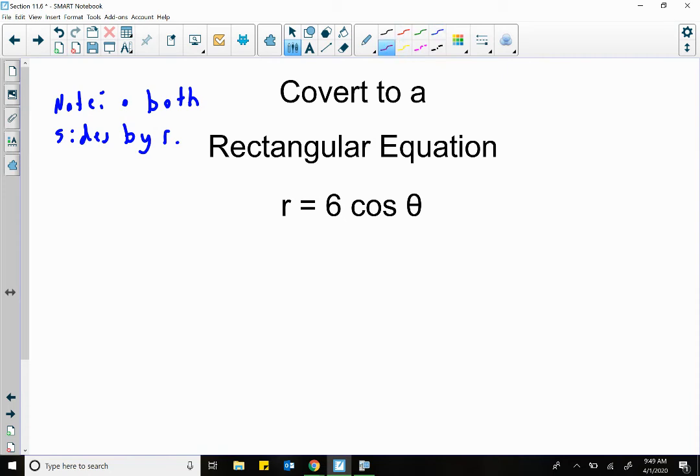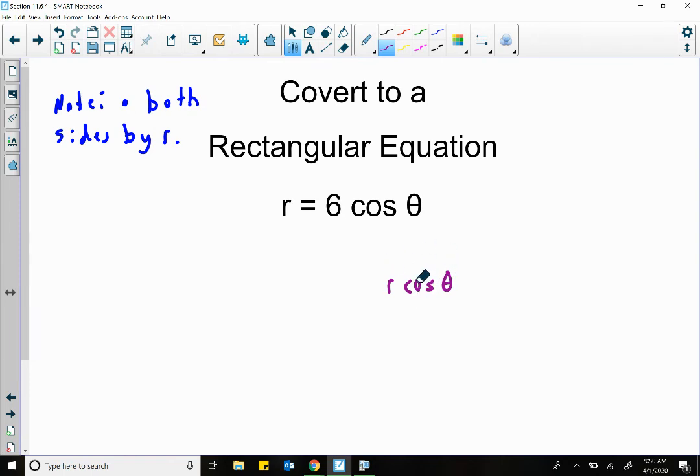Because right now, there's really nothing I can do. I mean, we could try and divide by cosine theta on both sides, but I don't have any equation that helps me get rid of r over cosine theta. This piece right here, give me a second. This piece right here almost looks like, if we just had an r in front of that, I could convert that into x.